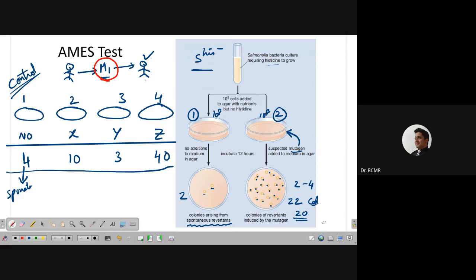Because this person got well? You can only say whether it is true or false if you had a control, where there should be a person who has the same disease, did not take the medicine M1, and then you see what happens to this person. If this person who did not take medicine also got well, now is M1 medicine or not?